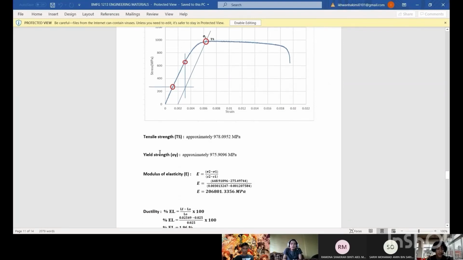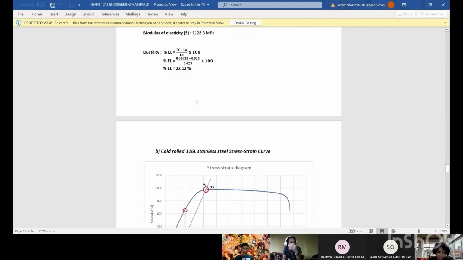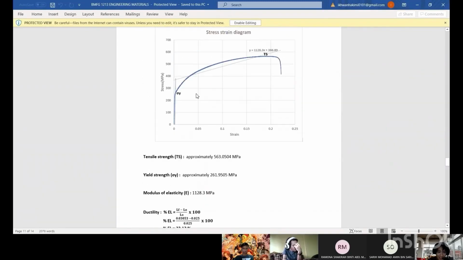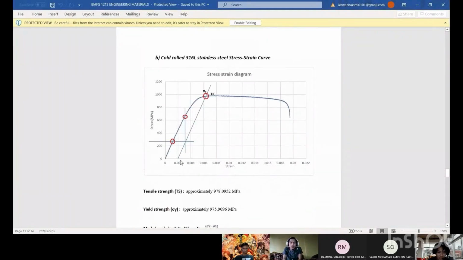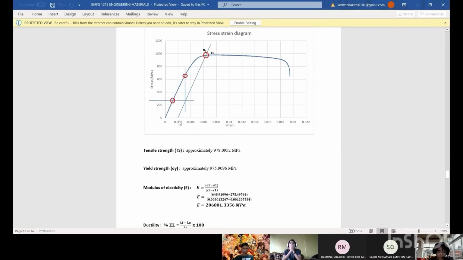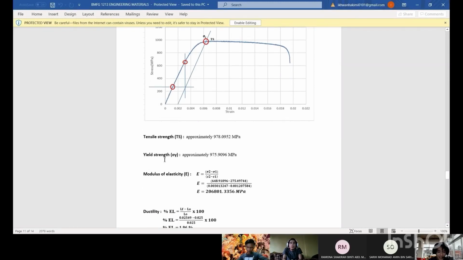Next, we need to find the yield strength, like in question A. We plot the offset strain 0.002, and then we make a parallel line with this line, and the intersection will be the yield strength. So the yield strength is approximately 975.9096 megapascal.